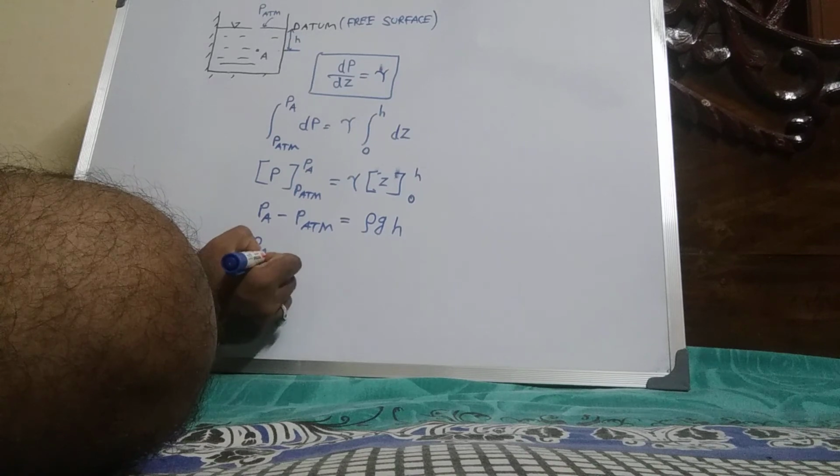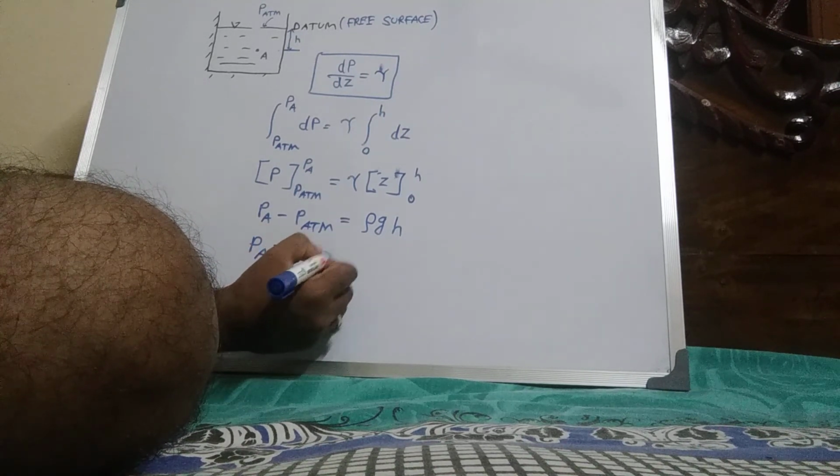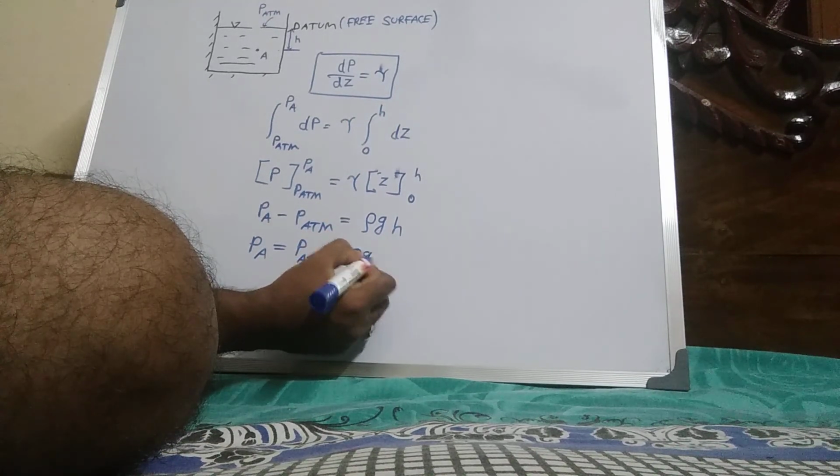So the pressure at point A is the atmospheric pressure plus rho g h.